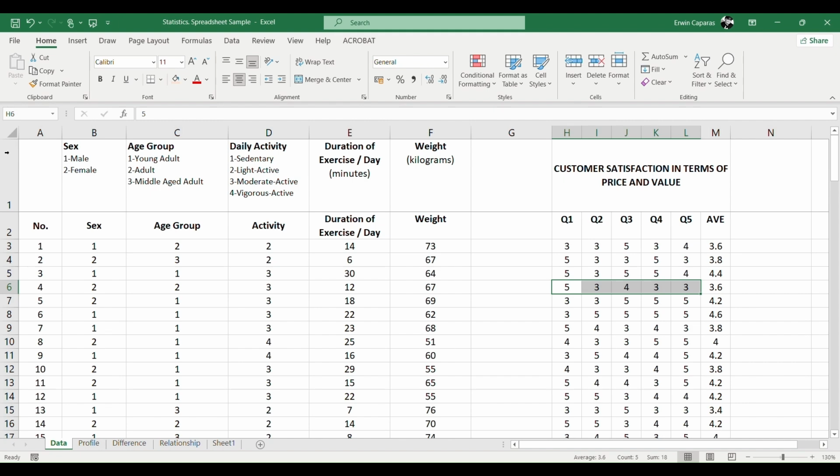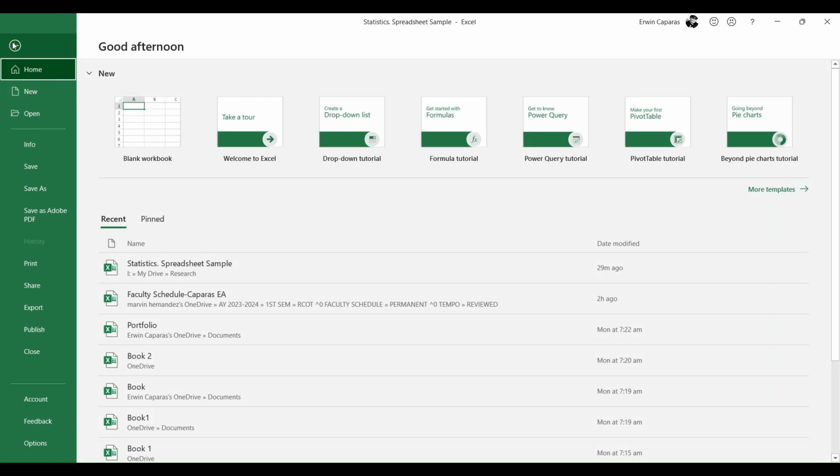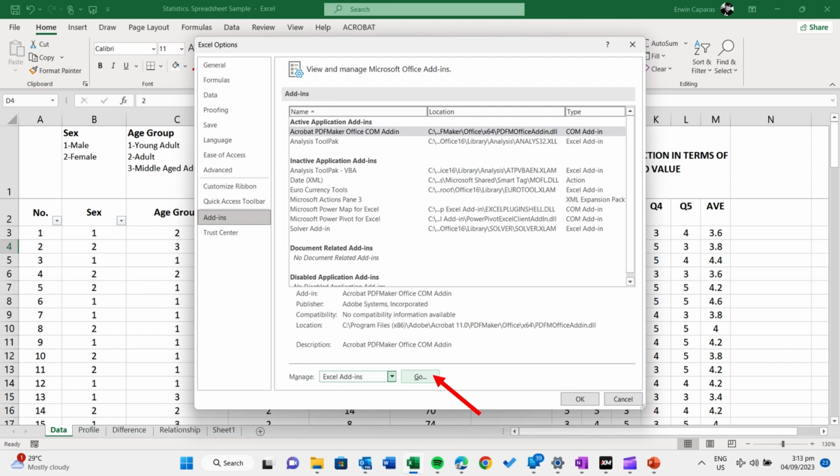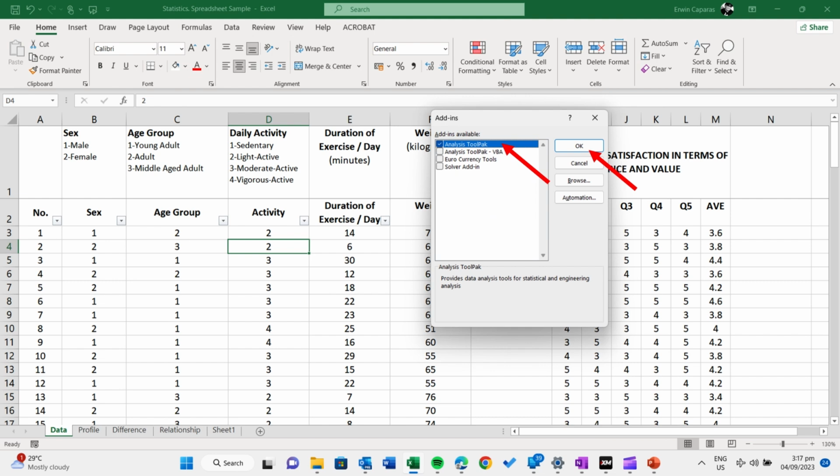So we click the file, and then we have the options, and then a dialog box. You go to the lower left of the dialog box, which is the add-ins, and on the lower portion we have manage Excel add-ins. You click go, and make sure that the analysis tool pack is checked. Then you click OK.